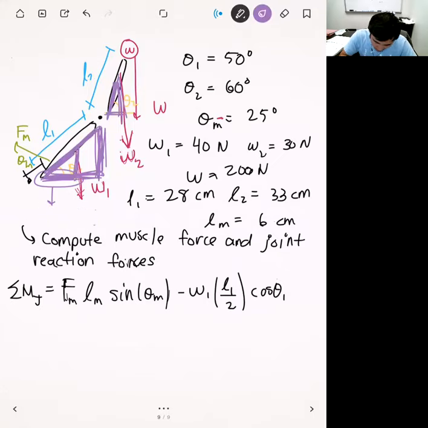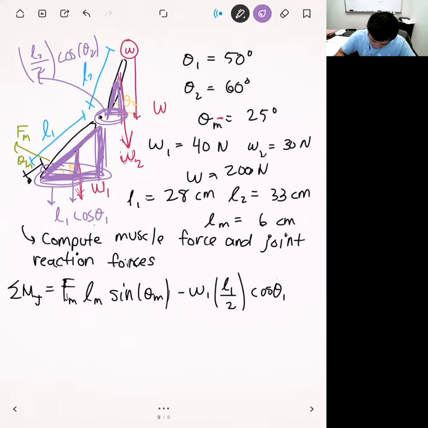This entire length right here, that's going to be L1 cosine theta 1. And then we're also going to have this horizontal length right here, which is going to be L2 divided by 2 cosine of theta 2.